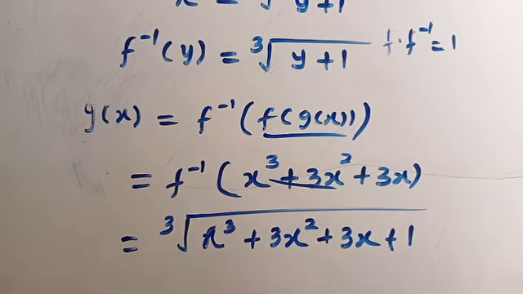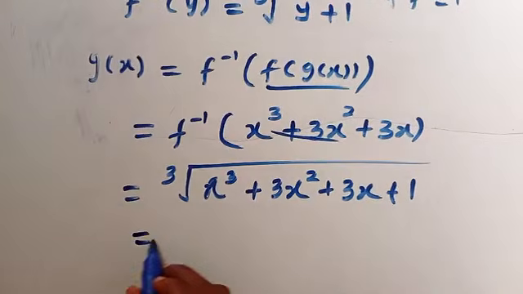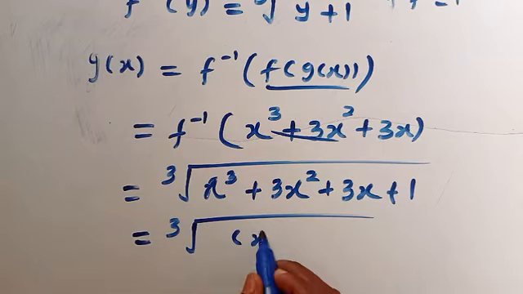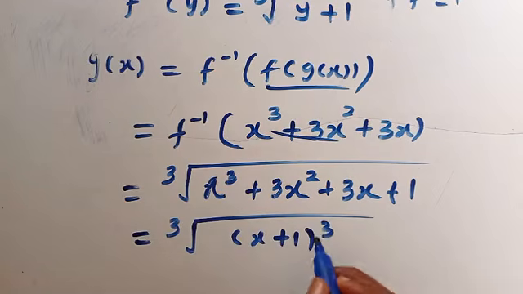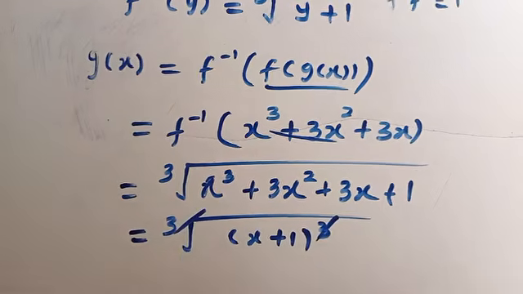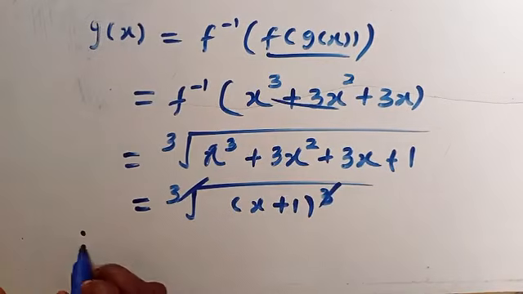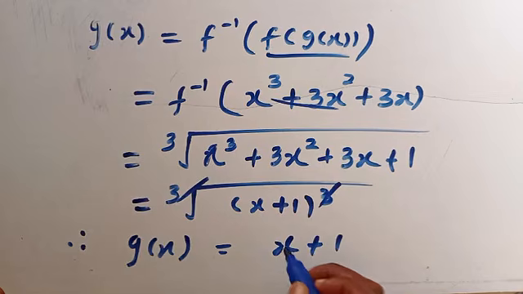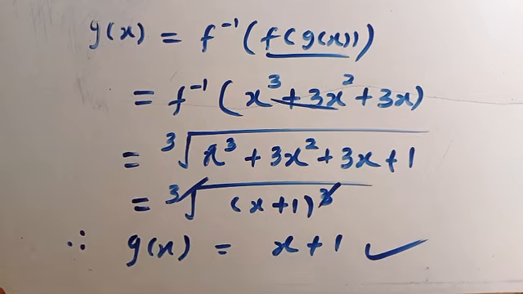And if you compress this together, we are going to have the cube root of x plus 1 all raised to power 3. When we cancel this, we have our answer, which is g of x equals x plus 1. Makes sense? So let's see the last method.